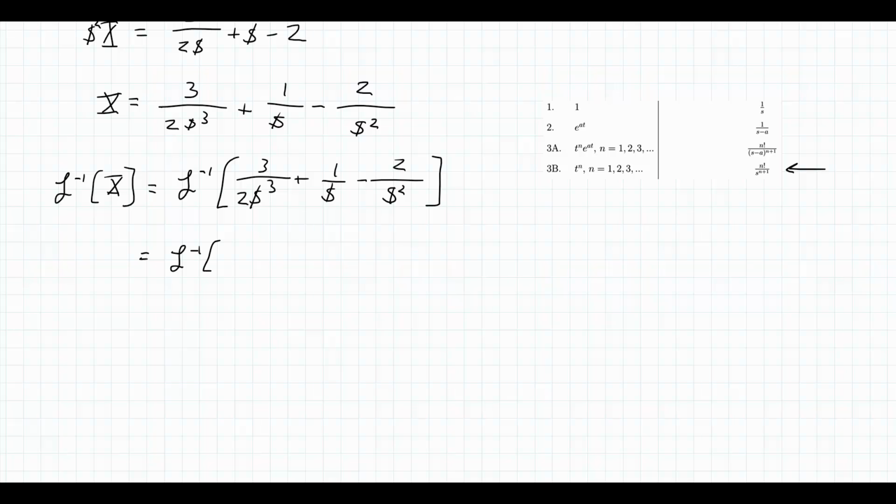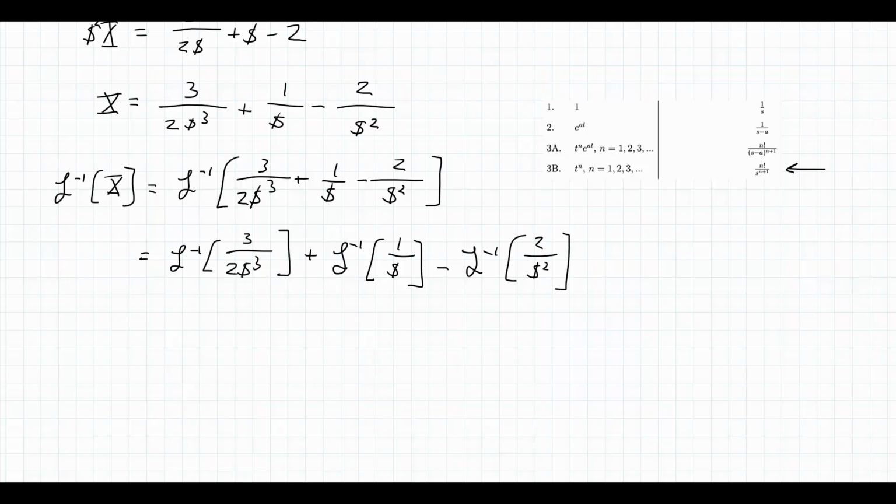So I can actually split this into 3 inverse Laplace transforms, each one of which does appear on the table. And I'll factor that negative out. 2 over s squared. And the left-hand side, inverse Laplace transform of big X takes us to x of t. So once we go through and actually do these inverse Laplace transforms, then we're going to be set for what we need.